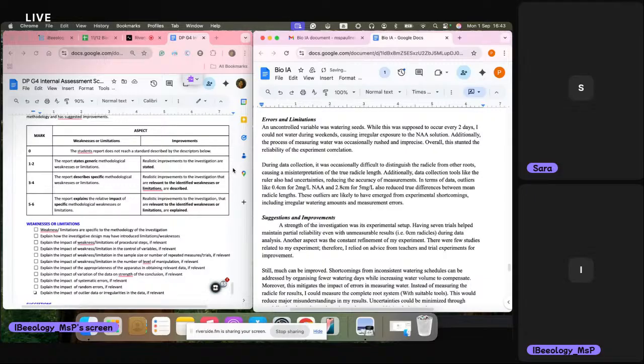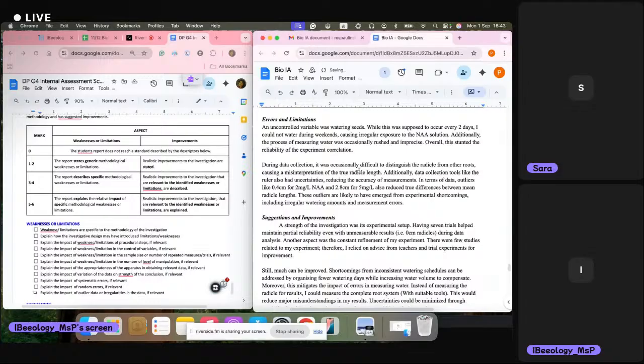Weakness, limitation specific to the methodology. Explain how the investigation may have introduced limitations or weaknesses. It says, while watering was supposed to occur every 2 days, I could not water on weekends, causing irregular exposure to the solution.